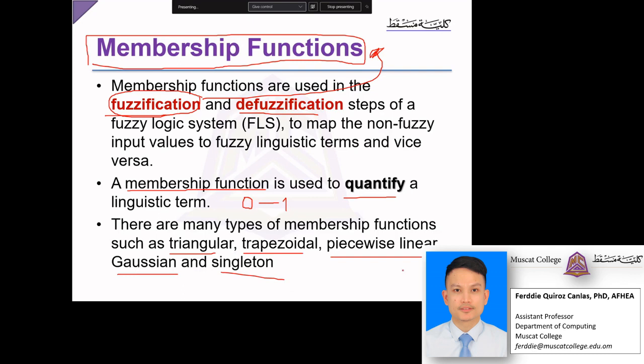In this session, we won't be discussing the last 3, the piecewise linear, the Gaussian, and the singleton, because these are used for highly advanced processing, like image processing or signal processing. Normally Gaussian is used there, but for the sake of this discussion, we will be using triangular and trapezoidal. This would be enough to solve common real life problems.